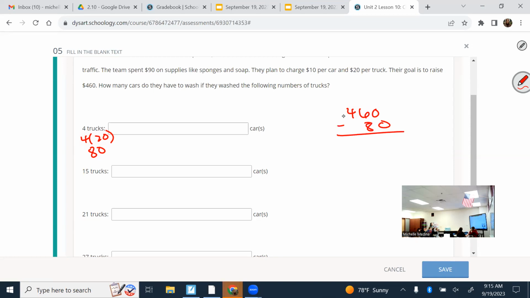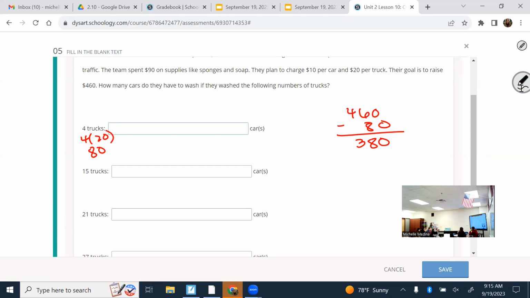Then they would probably subtract 80, which is what they get from that, plus 380. And then they would probably divide that by the amount they charge per car.